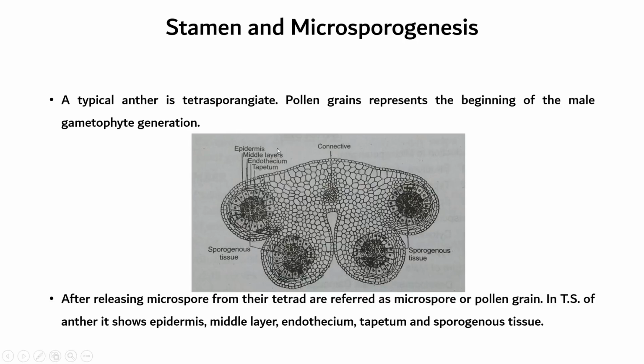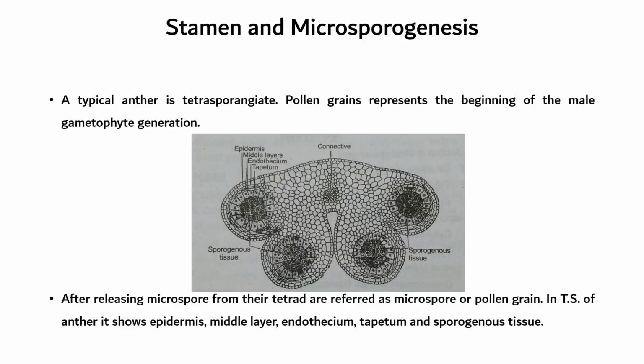The second layer is the endothecium. Endothecium is a single layer of thin-walled cells next to the epidermis. Cells are radially elongated, with typical fibrous thickenings, and help in dehiscence of pollen grains.